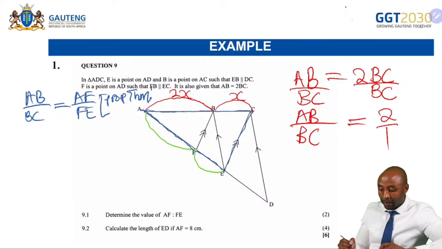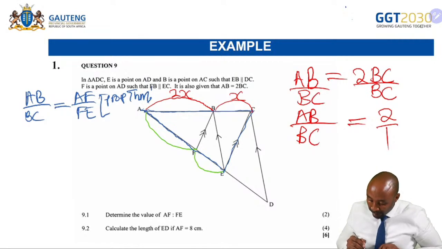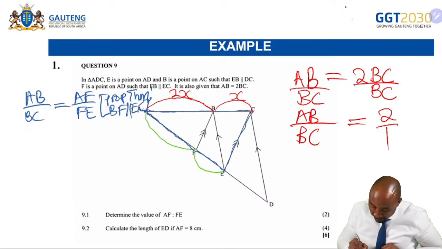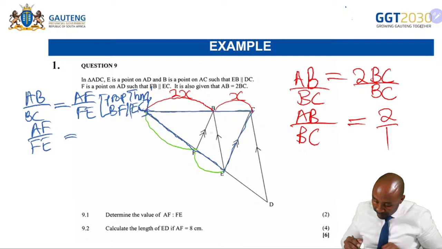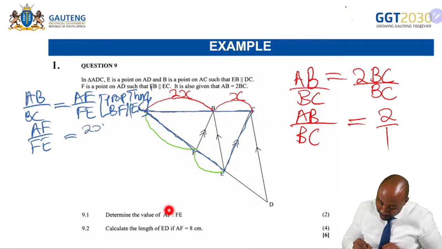Since I'm using the proportionality theorem as my reason, I'm going to state my parallel lines. BF is parallel to EC. Then I'm able to say AF over FE is equal to, back to my diagram, 2x over x, and that will give me 2 over 1.